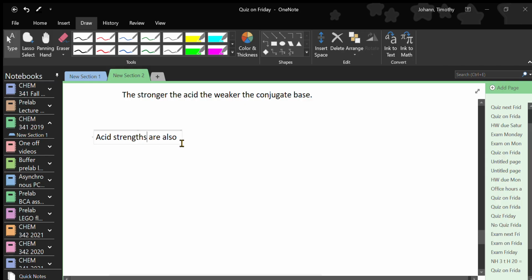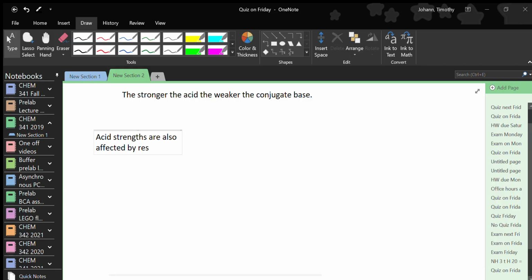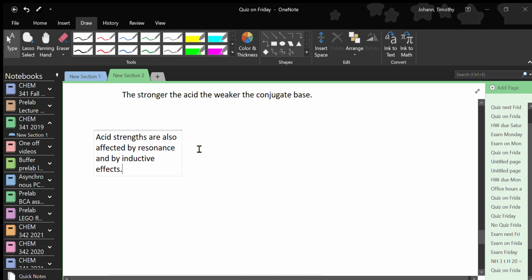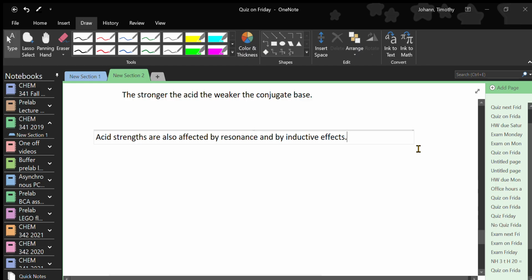Acid strengths are also affected by resonance, which we talked about last semester, and by inductive effects. So we'll talk about what both of these things are here.